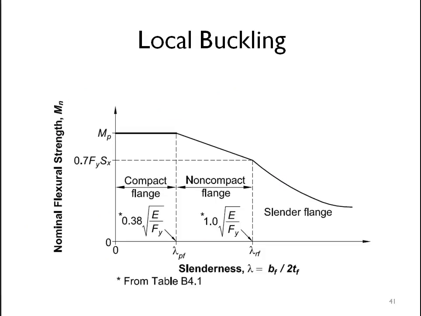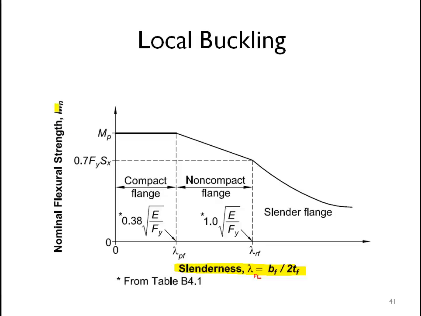So this is the solution space for local buckling. I have slenderness of the element on the x-axis. It's shown here for a flange, bf divided by 2tf, but this plot would look similar if we were looking at slenderness for a web, or if we were looking at slenderness for any other type of element in a cross-section.